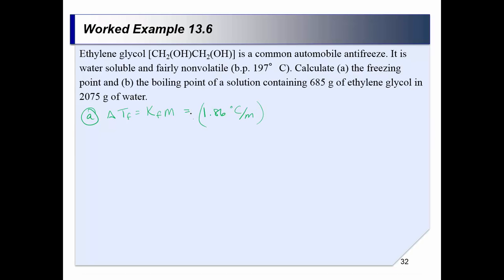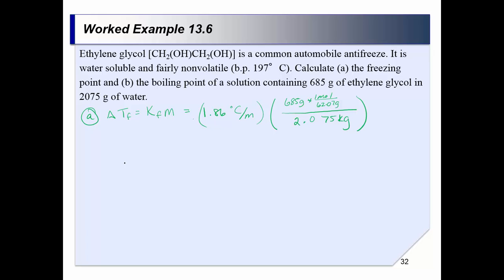And the molality in this case is going to be moles of ethylene glycol, and I'm just going to do that all right here. So 685 grams of ethylene glycol divided by the molar mass, which is 62.07 grams per mole. That's moles of my solute, divided by the kilograms of my solvent, so 2.075 kilograms of water.